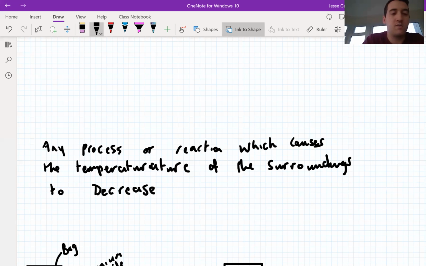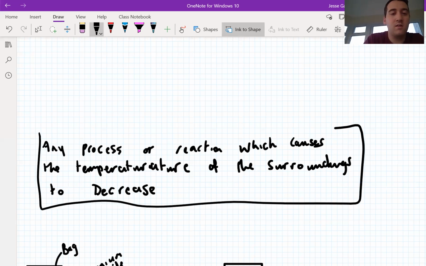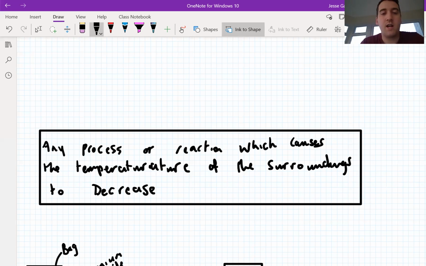Any process or reaction which causes the temperature of the surroundings to decrease, we call endothermic.